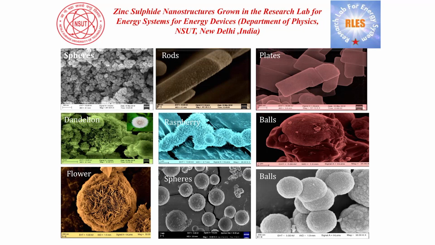The ZnS morphologies are dandelion-like ZnS, raspberry-like ZnS, ball-like ZnS and flower-like ZnS. And the potential applications of these particular nanostructures are in photocatalytic degradation of methylene blue under visible light using multiple morphologies of ZnS.